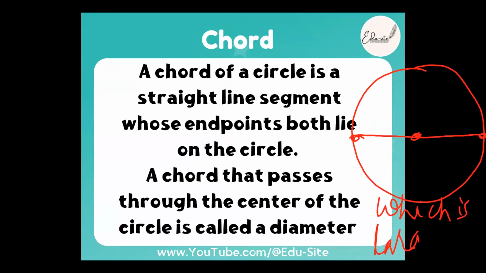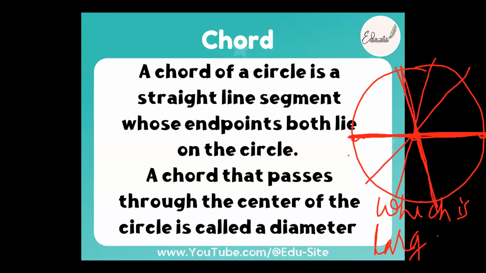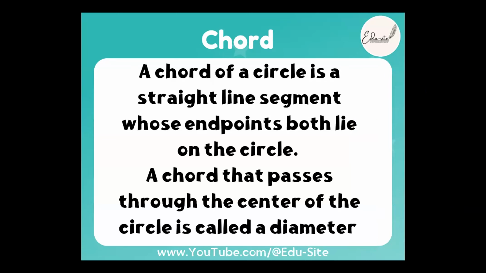Diameter. Yes, diameter is the largest chord because it touches the center of the circle and it is the widest portion of the circle. It covers the widest part, correct? The line that passes through the center of the circle covers the widest part. So these diameters that pass through the centers of the circles are all the largest chords, correct? Okay, so this was about the chord.